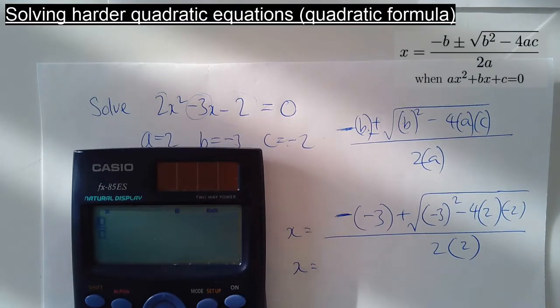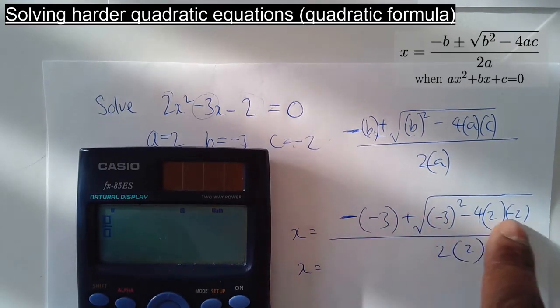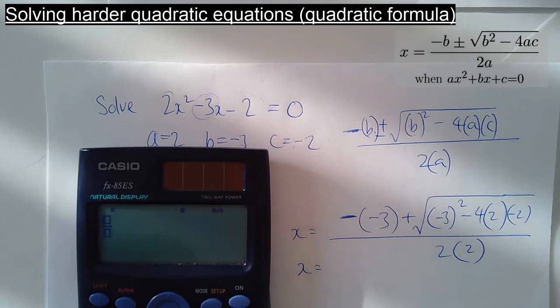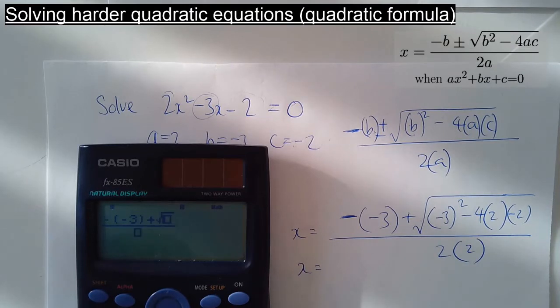So all I've got to do now is put this into the calculator. Start off with the fraction button and then work your way. Copy exactly what you've got here into the calculator. Very easy to make mistakes. So notice I've got a minus, it's part of the formula, so start off with a minus. I've done the numerator, so I just want to check.